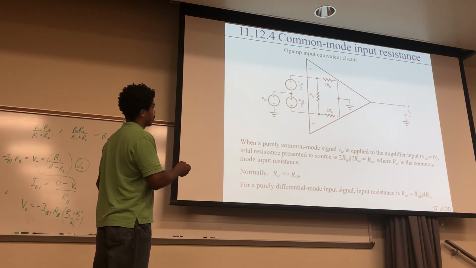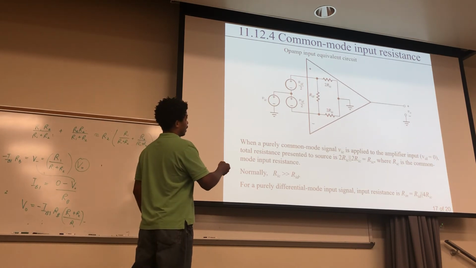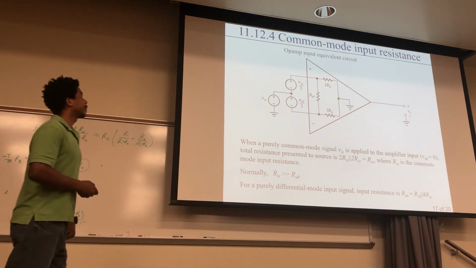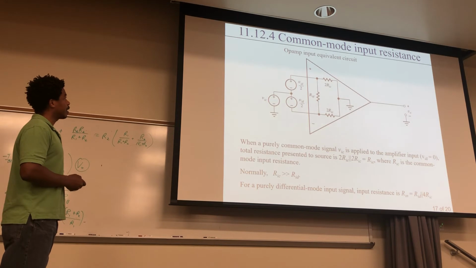They're both going to ground. The values of these are typically like in the gigaohms. They're quite large. This right here could be in the megaohms. So very small current is going through here.